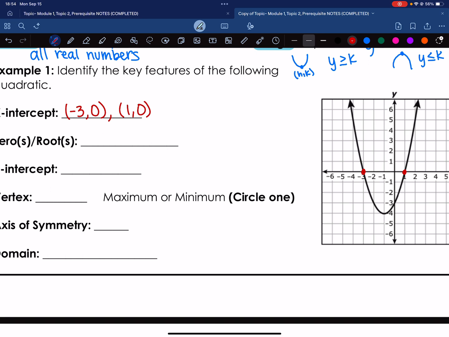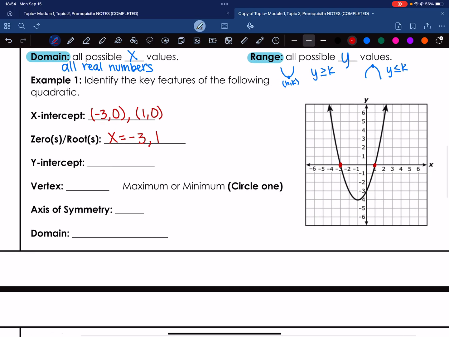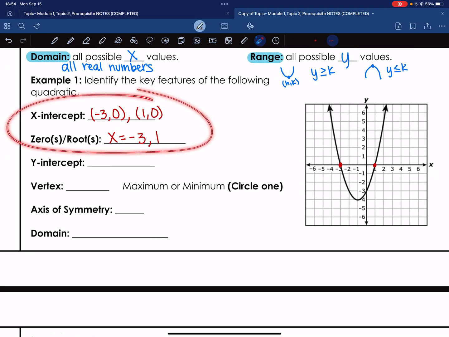When it says x-intercepts, it does want the x-intercept written as a point. But when it says zeros or roots, then you can list it out. So we have x equals -3, 1. That is to help you with your assignment.